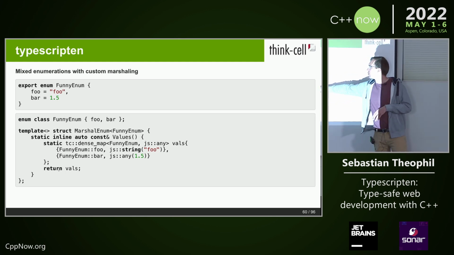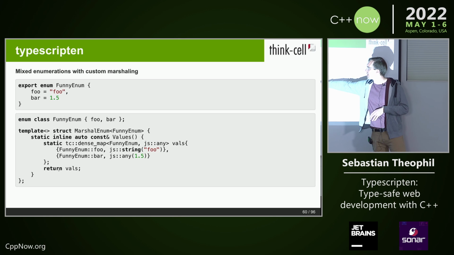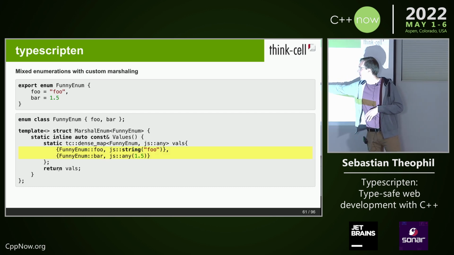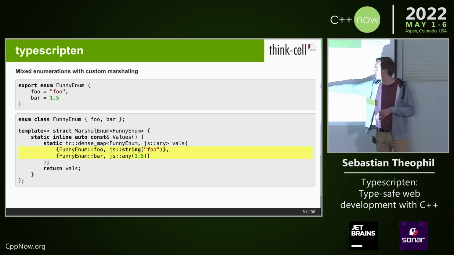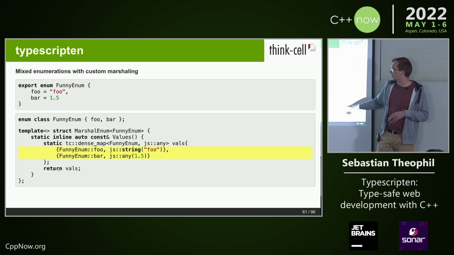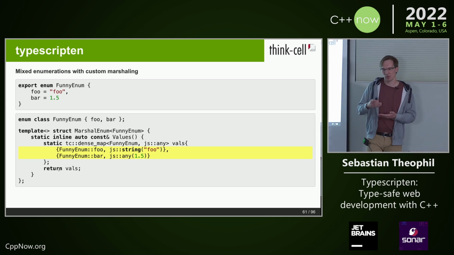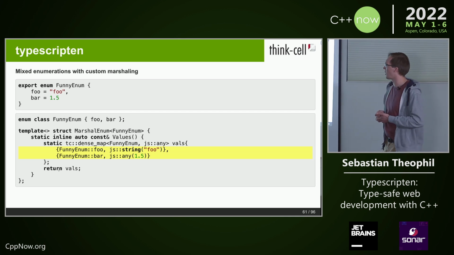And then we can do some template magic and do some template specialization of a type that tells us how you want to send this enumeration to JavaScript. And this contains a method, which contains a map. And that map tells us that the foo should be translated into a string and then sent to JavaScript, and the bar should be sent as a double. So we can customize that point for other data types as well.